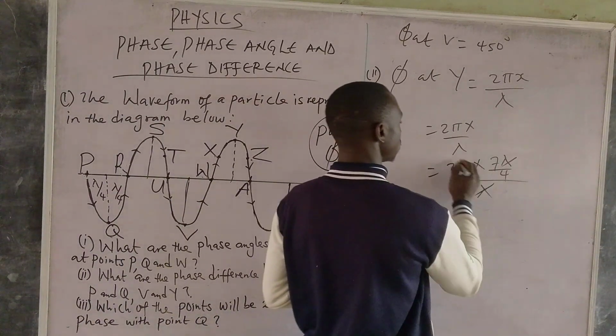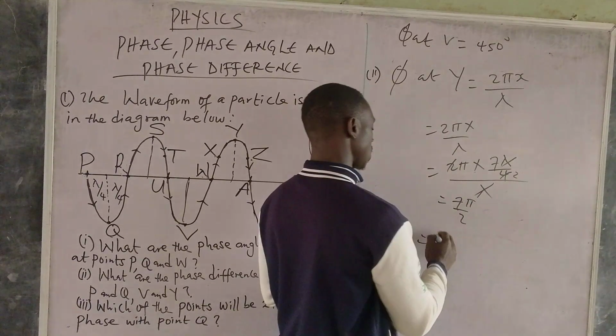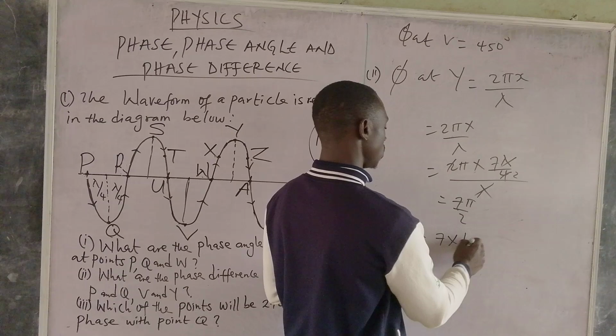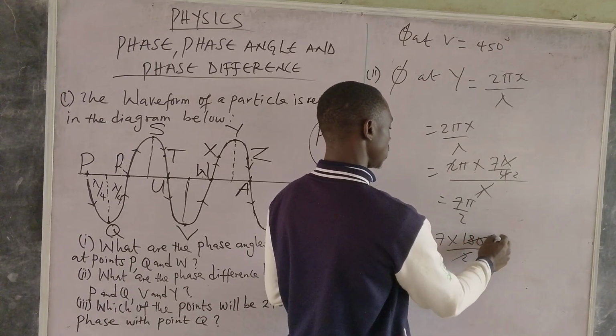Then lambda cancels, 2 cancels, and we have 7 pi over 2. If you calculate that, 7 times pi is 180, then over 2 is 90.